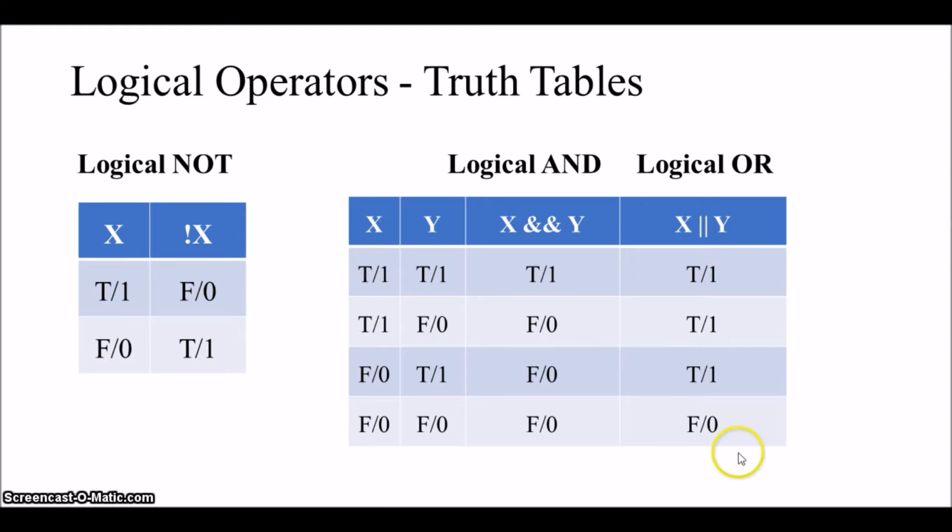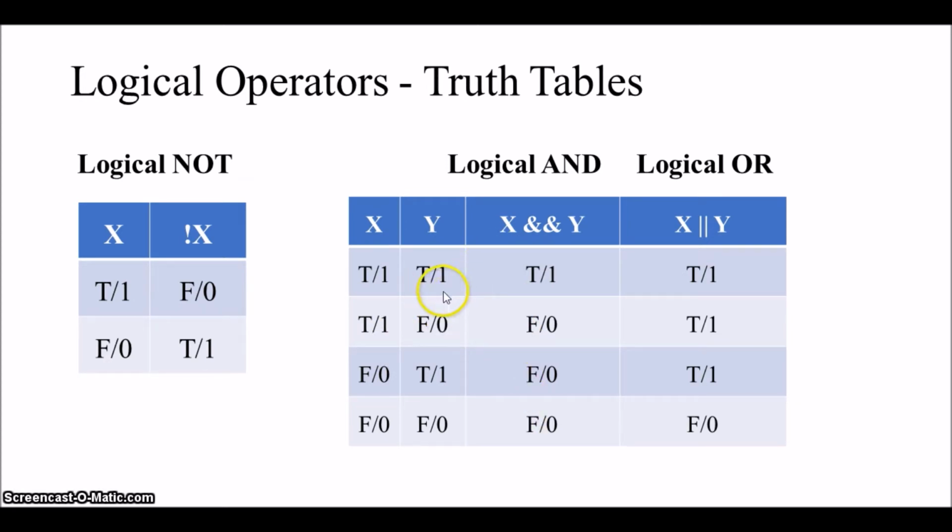If you observe the truth table, you'll come to know. First, let's study logical AND. Logical AND will give the result as true if both the operands are true. If x is true and y is true, then logical AND will give the result as true. If either one operand is false, then logical AND will give the result as false. No matter that the other operand might be true, if any one operand is false, logical AND will always give the result as false.